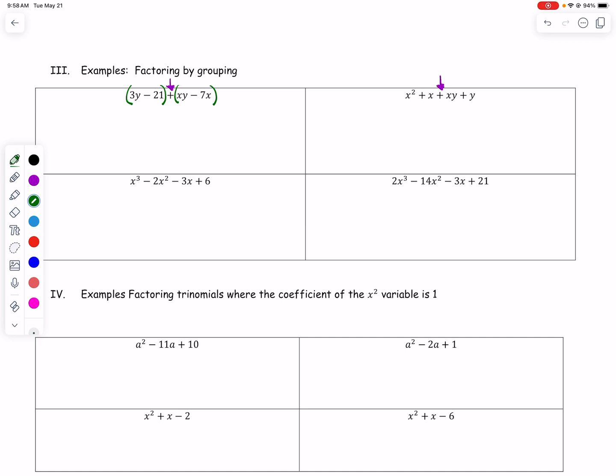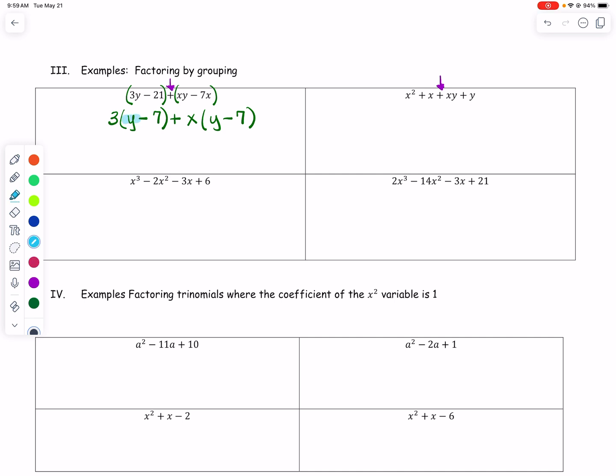In the first group, I can pull out a 3, and that leaves me with y minus 7, plus I can pull out an x, and that leaves me with y minus 7. Now this should look familiar because the last problem that we ended on in the section prior to this was written in this format.